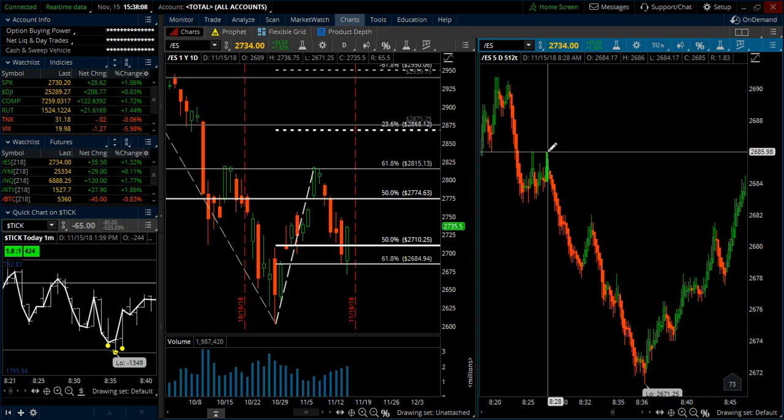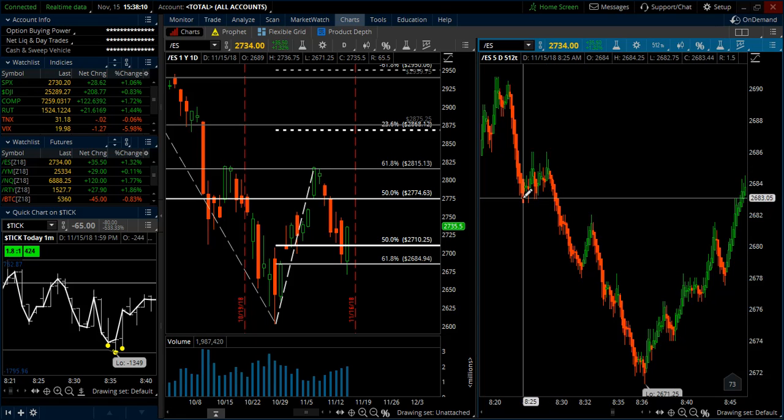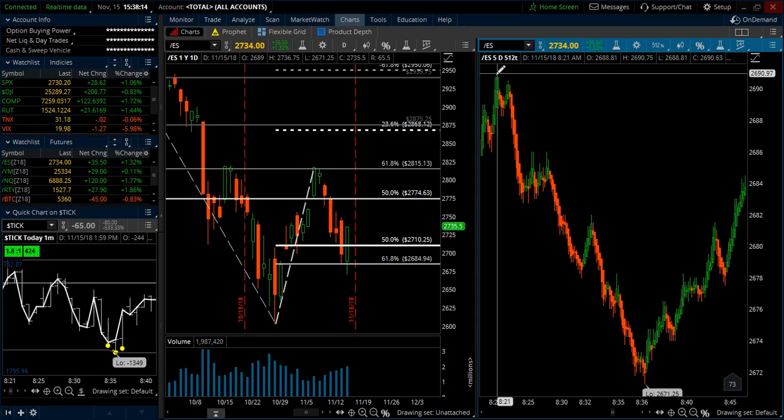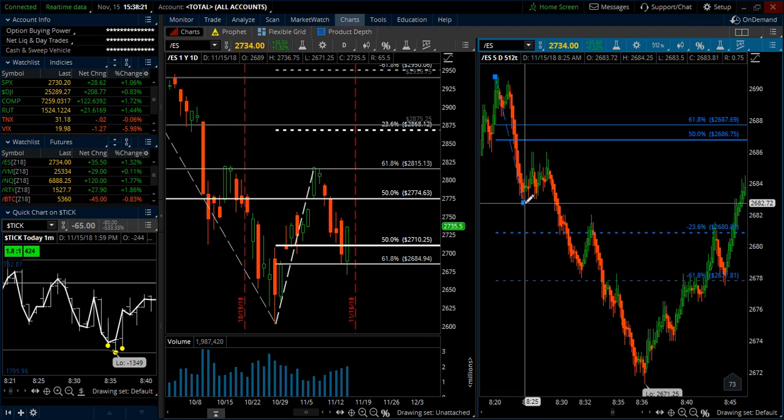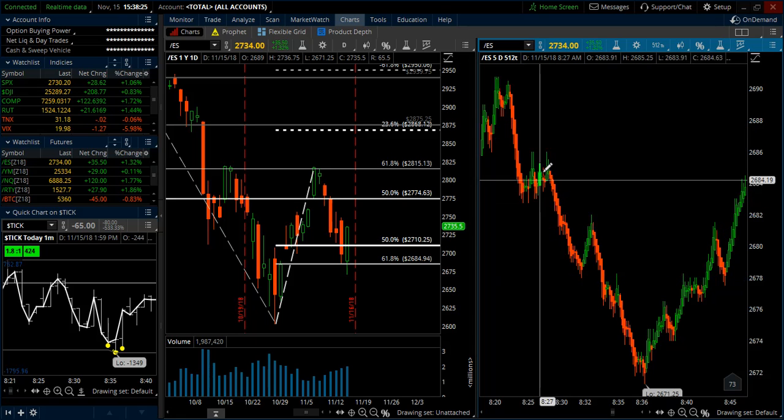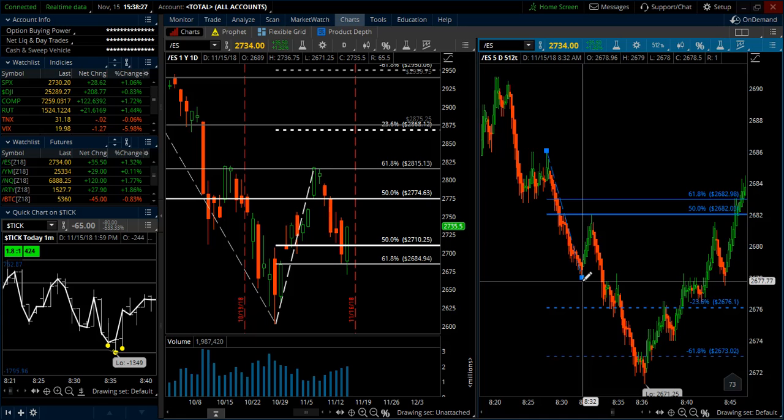So here's our 85s right up here, and here's the initial break. I like to look for the first retracement in that direction after that happens. This first one didn't quite make it into its 50%, but the next one did nicely.